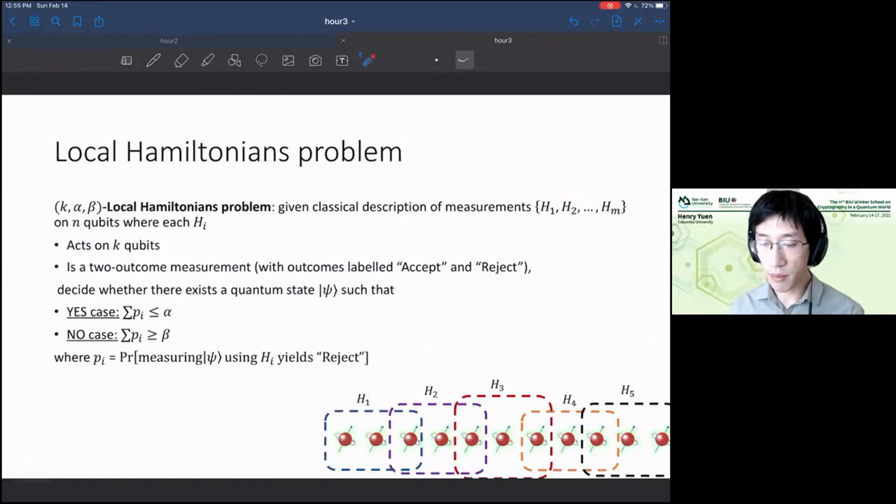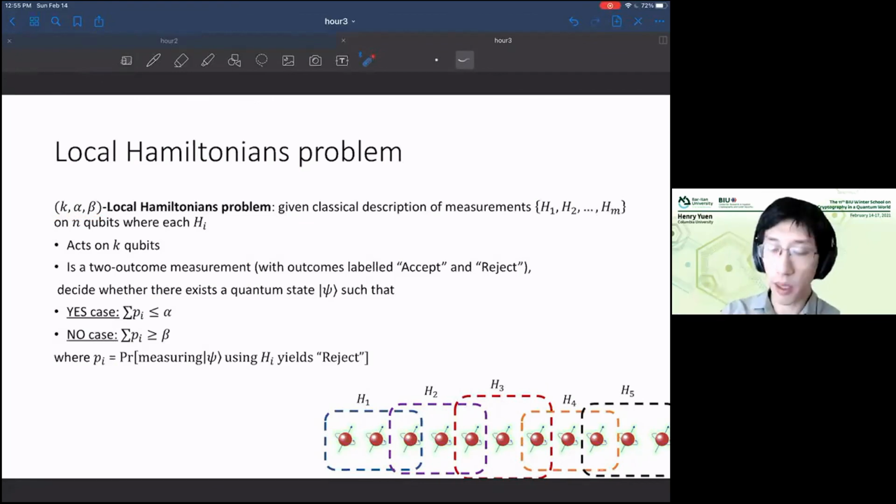But the one that people like to study the most, and it's very interesting, is this local Hamiltonians problem. So let me describe this in a little more detail. In this local Hamiltonians problem, there's a bunch of parameters: K, A, alpha, beta.